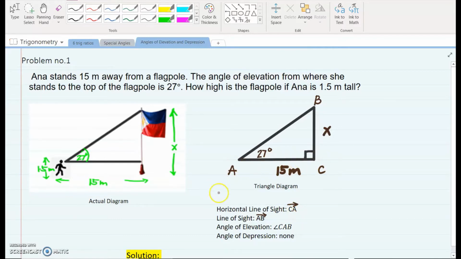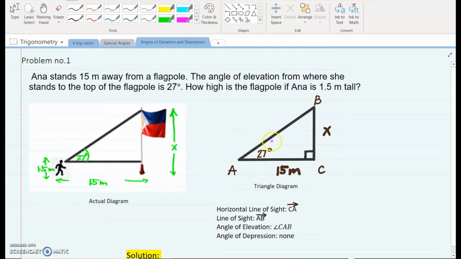The line of sight is ray AB. The angle of elevation is angle CAB. And the angle of depression is none, since we're referring to the angle of elevation. We're looking for the height of the flagpole, which is represented by x.